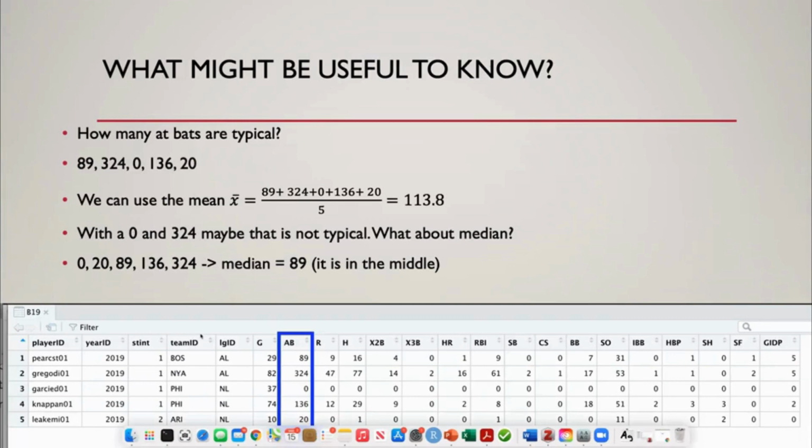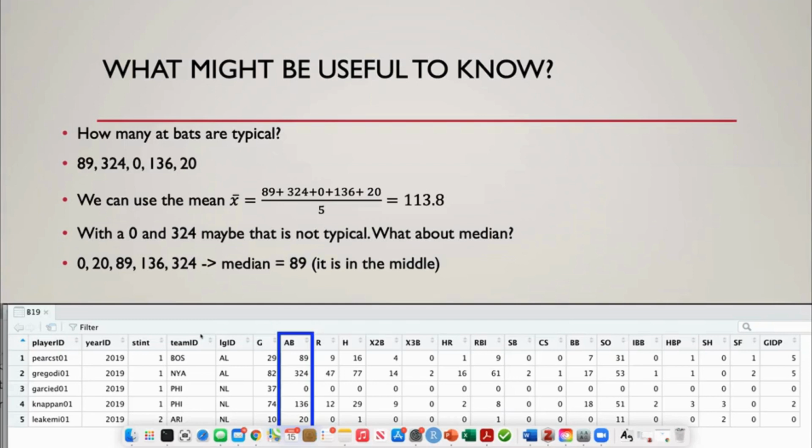So maybe what would be useful to know? Well, maybe we want to know how many at-bats are typical. So maybe we want to know a mean at-bat. Well, we can find the mean by, and you see there we have X bar, so mean X bar.